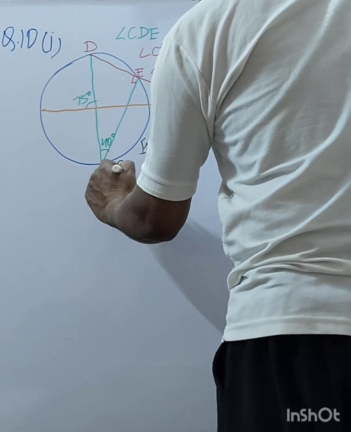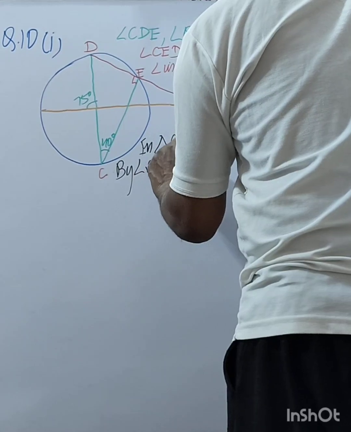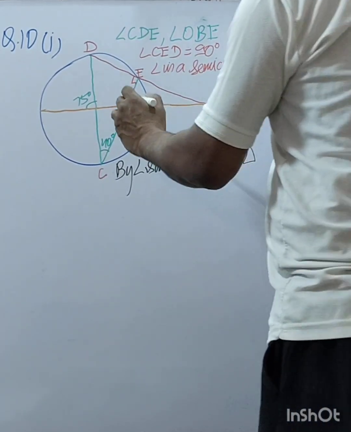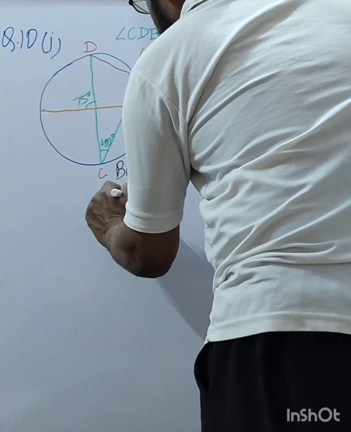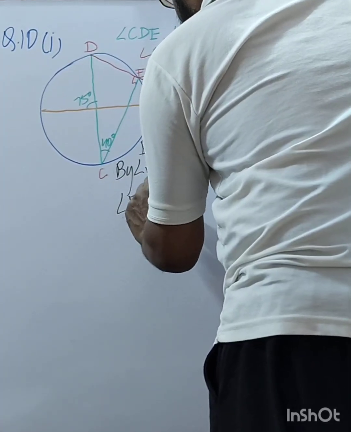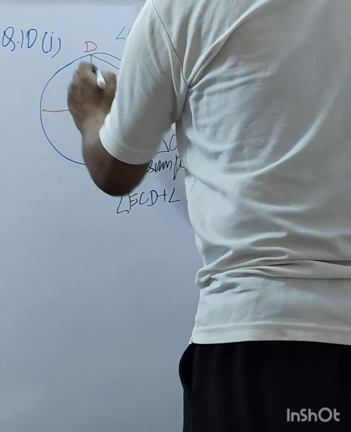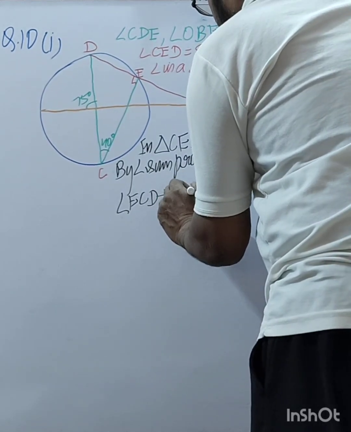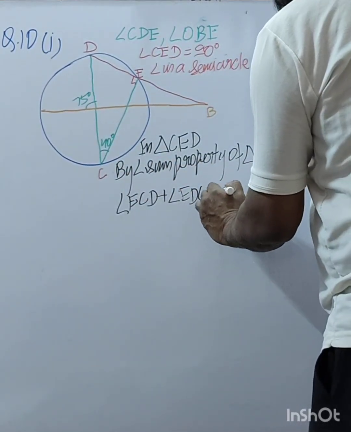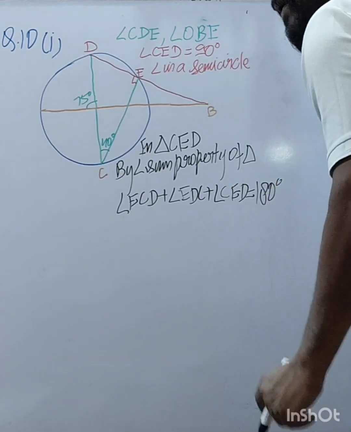by angle sum property of triangle, angle ECD plus angle EDC plus angle CED is equal to 180 degree, right?